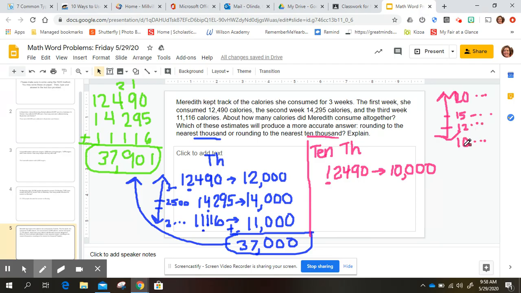And 12 is closest to 10, so it would round to 10,000. 14,295. The 1 is in the 10,000 spot, so we can do it again right here. 14 would be under the 15, so again, that would be closest to 10,000.